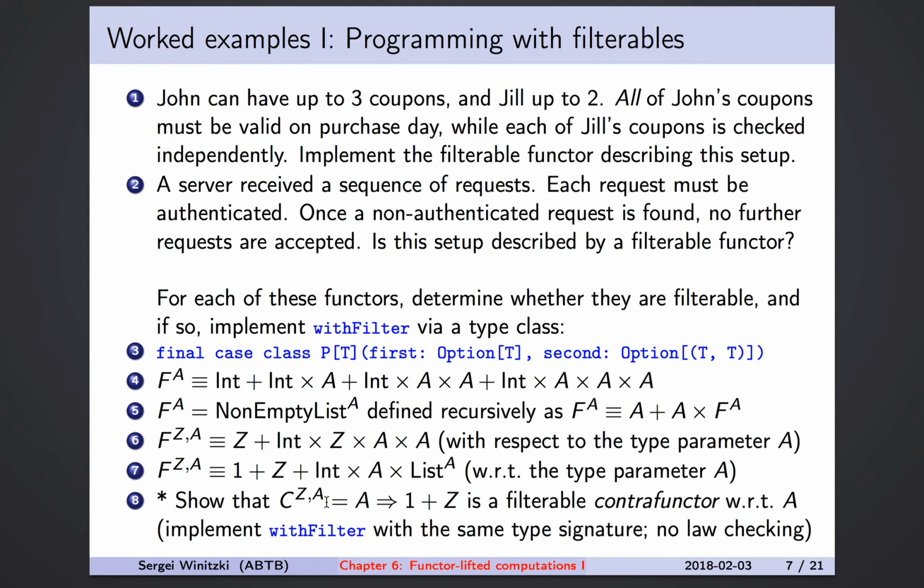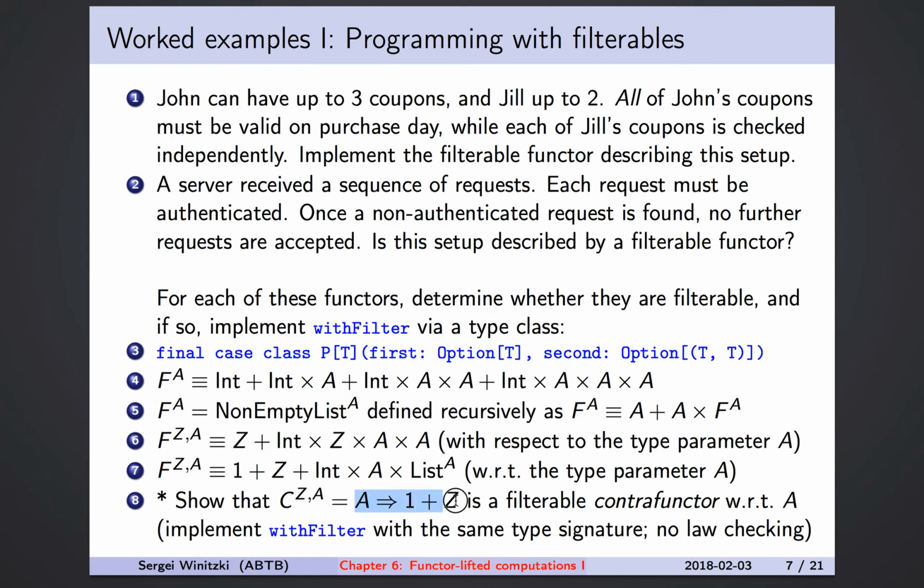It consumes them, it needs them, so it will consume them when given. And so a filterable contrafunctor means a container that can consume less. It can filter what it consumes, and if the consumed items do not pass the test, it will not consume them. It can consume fewer items.